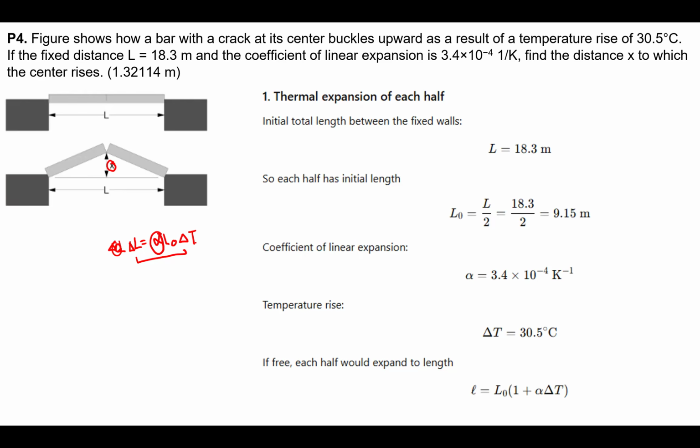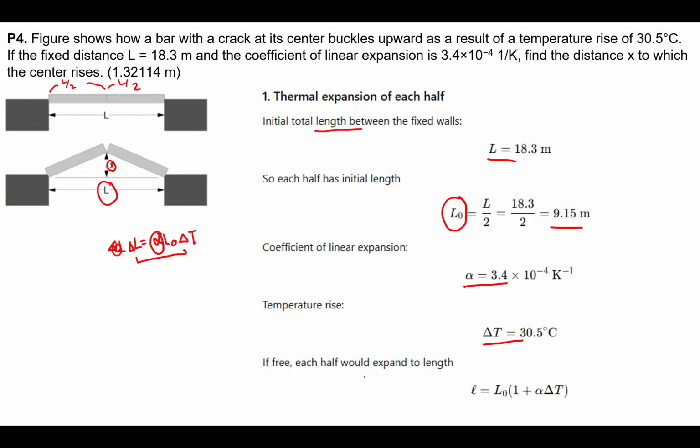Okay, so in order to do that, we start with the total length. Here L is given, and half of it is L over 2. This is the L0 initial length, and this is what is given. The linear expansion is given by this one, and the delta T is given by this.